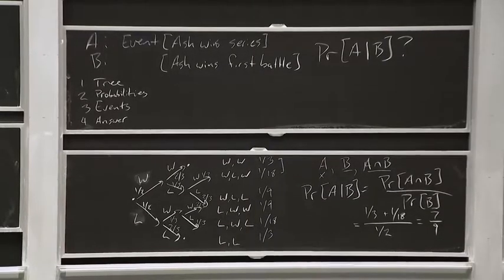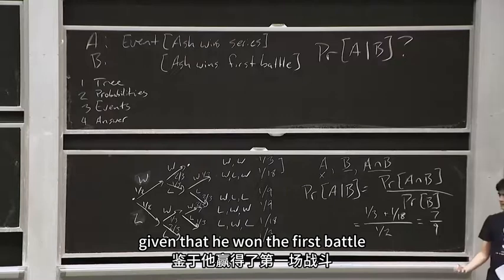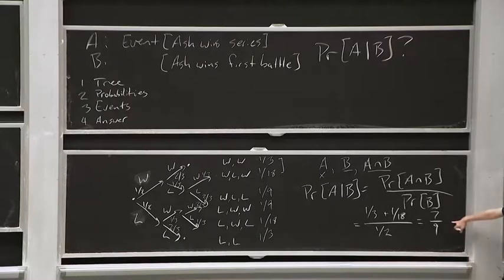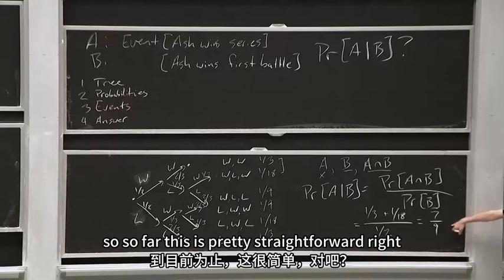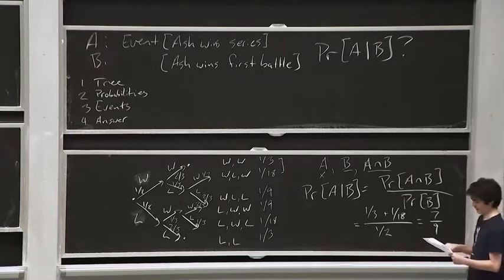Okay. So the probability that Ash wins the entire series, given that he won the first battle, is going to be 7/9. Okay? So far this is pretty straightforward, right? Fairly routine arithmetic.